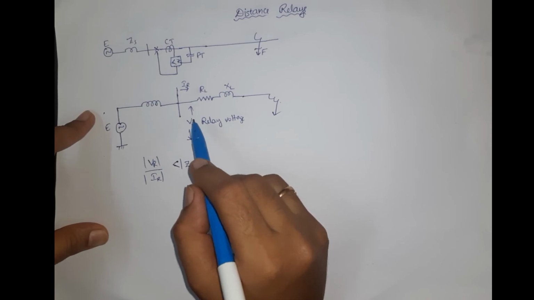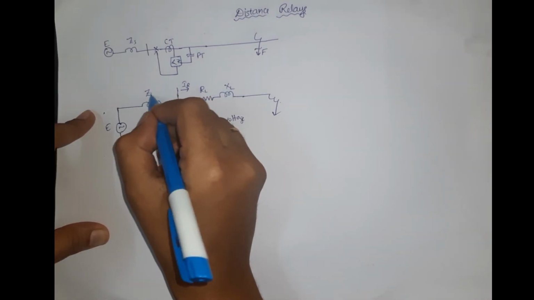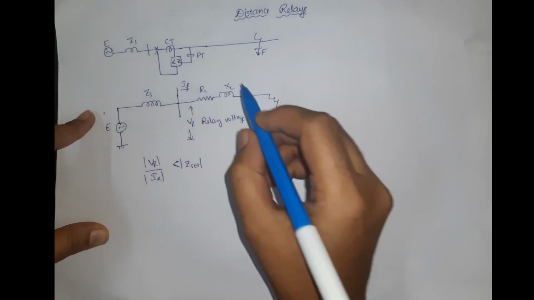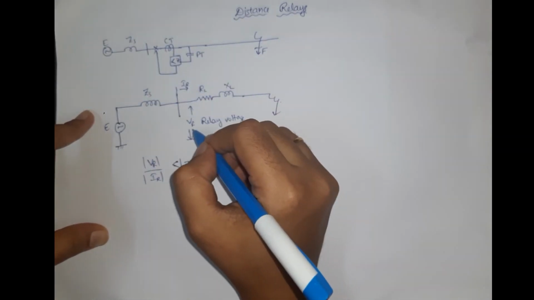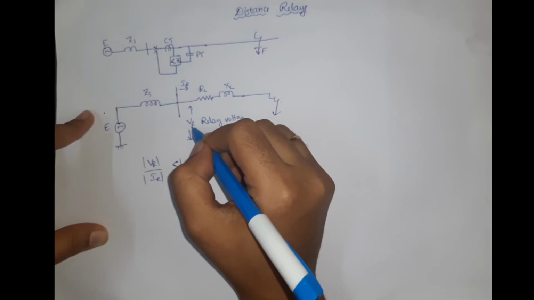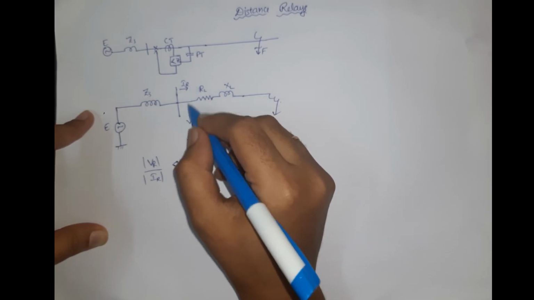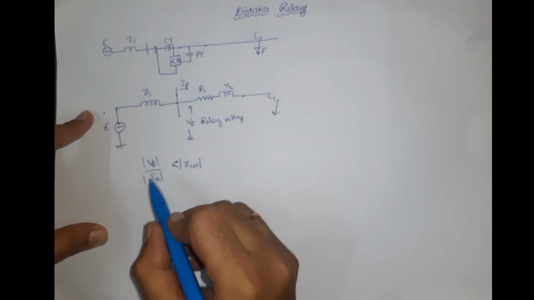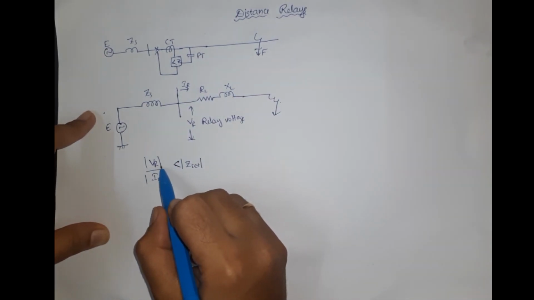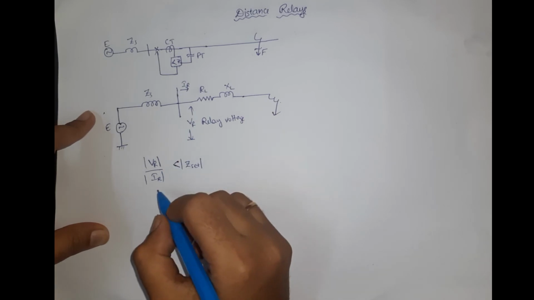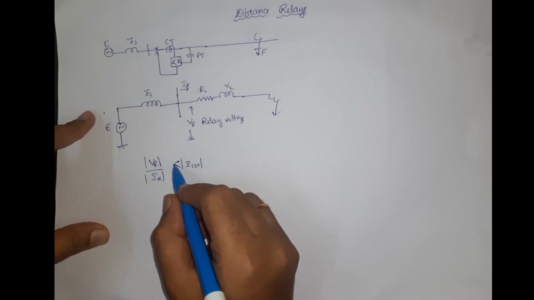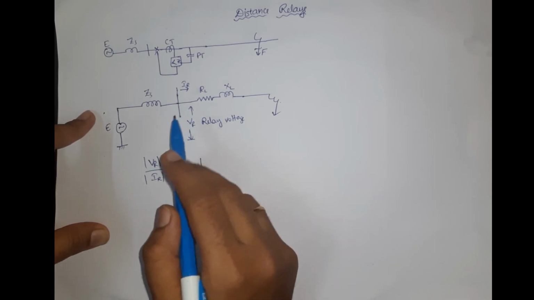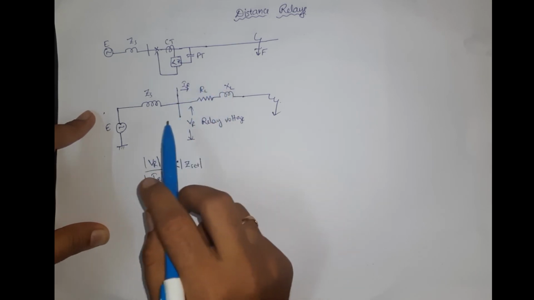So now, irrespective of the value of source impedance and generated EMF, our relay should operate depending not on IR and VR individually, but on the ratio of VR and IR. That means if the voltage detected by the potential transformer divided by the current detected by the relay is less than the Z set value, our relay should operate, right?